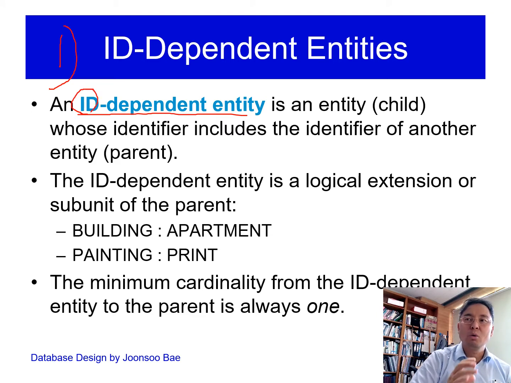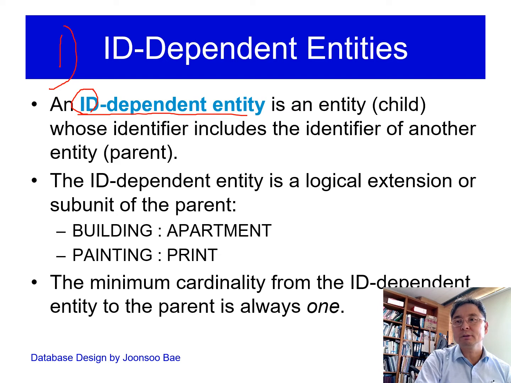That means that one entity will depend on the other entity's identifier. An entity whose identifier includes the identifier of another entity is an ID dependent entity. This ID dependent entity will be a logical extension or subunit of the parent.